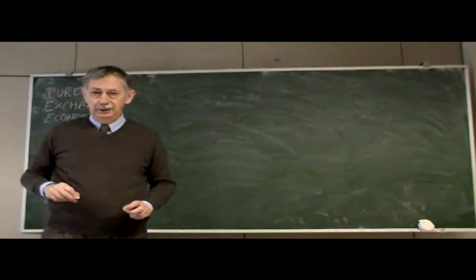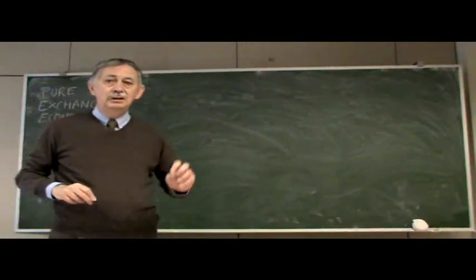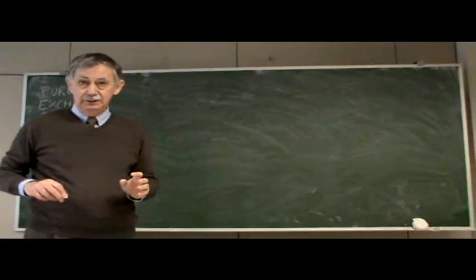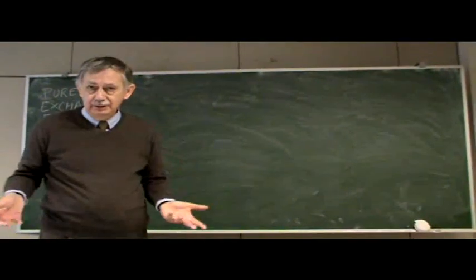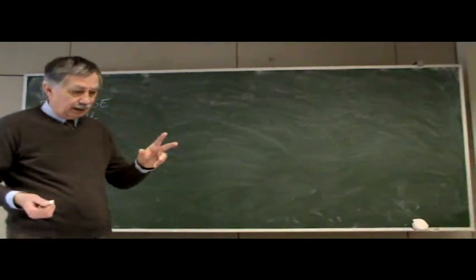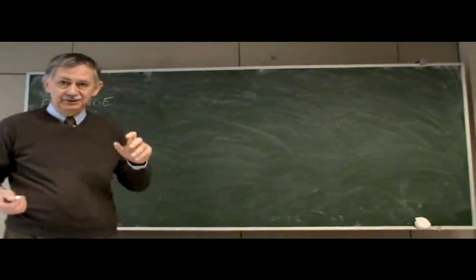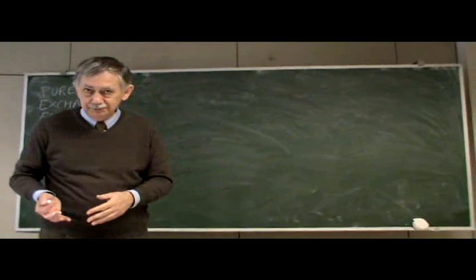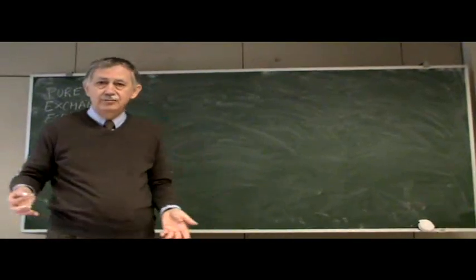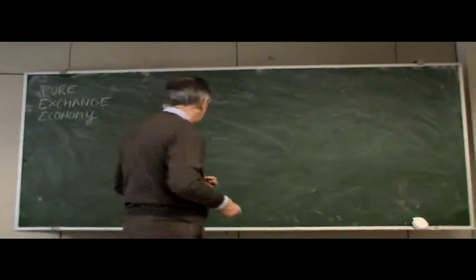This is an economy in which goods are not produced, but they are simply available in nature. They are appropriated by the subjects and then exchanged and consumed. The usual pure exchange economy, without production.